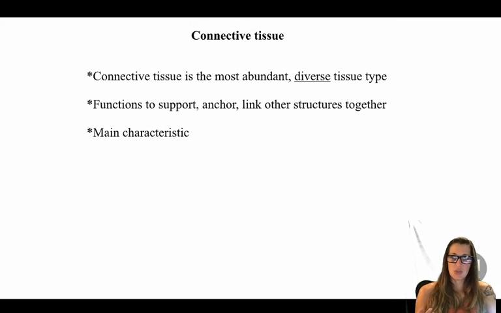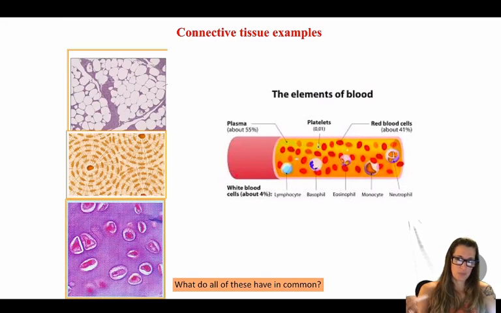So connective tissue supports, anchors, links other structures together. Bottom line is it connects. Every once in a while we get thrown a bone where something's very easy to remember, very clear, very straightforward, and in this case connective tissue connects. It connects different things. The main characteristic of connective tissue, I'm going to talk about this because this is something that people sometimes struggle with if we come at this from the back end.